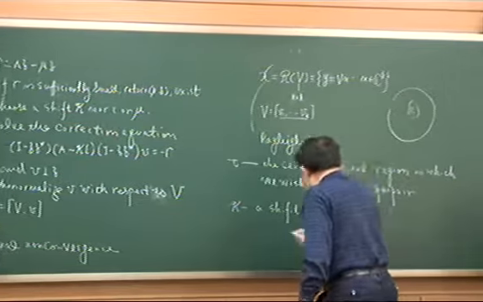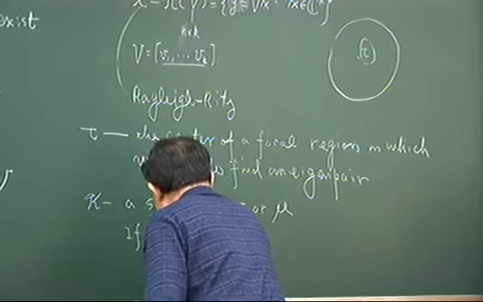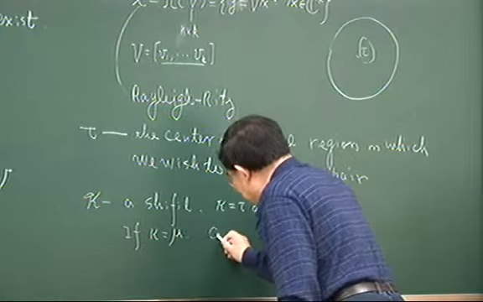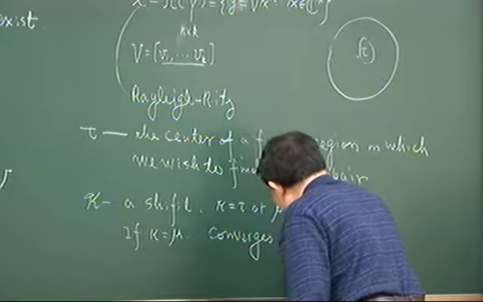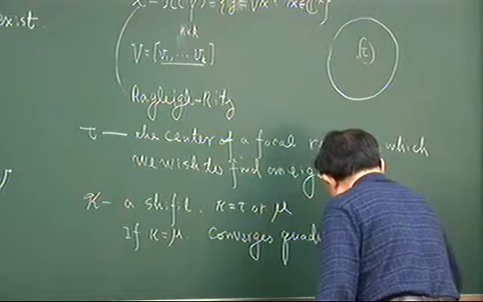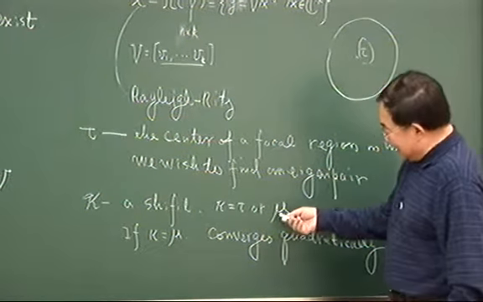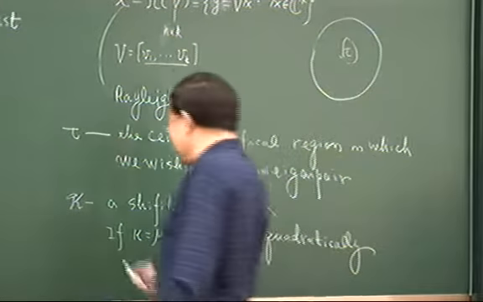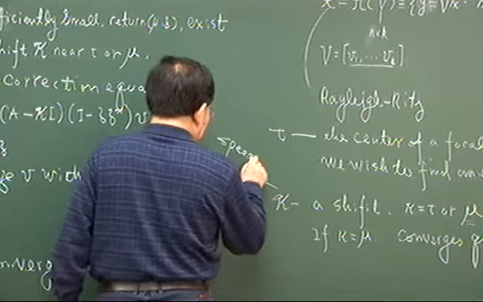But if you take kappa equal to mu, you can prove this method converges quadratically. So convergence is very quick. That is the advantage. This is all used to speed up the algorithm's convergence.